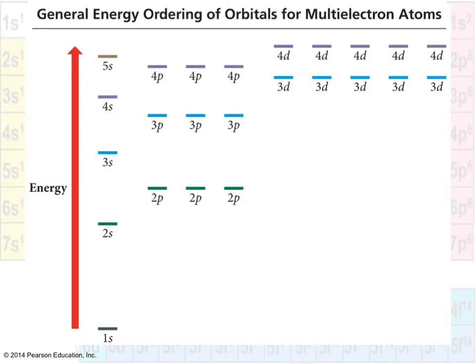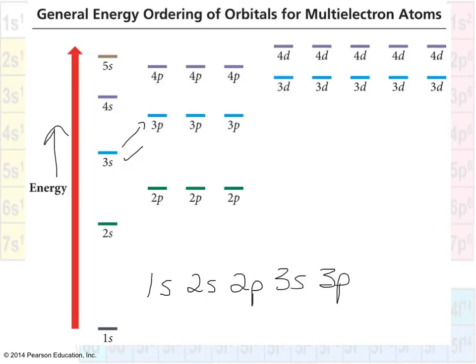Alright, so to give you kind of a visual of all of the orbitals we're talking about in increasing energy levels, of course, I'm going to write them out longhand too. 1s is the lowest energy, followed by 2s, and then 2p. 1s, 2s, 2p, then 3s, we're right here, then 3p, then 4s.